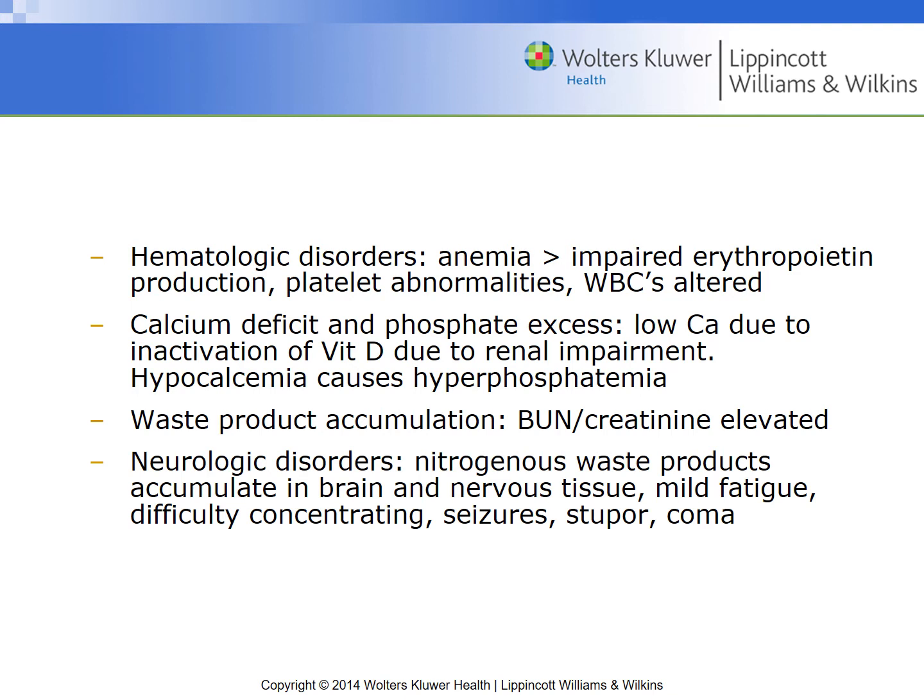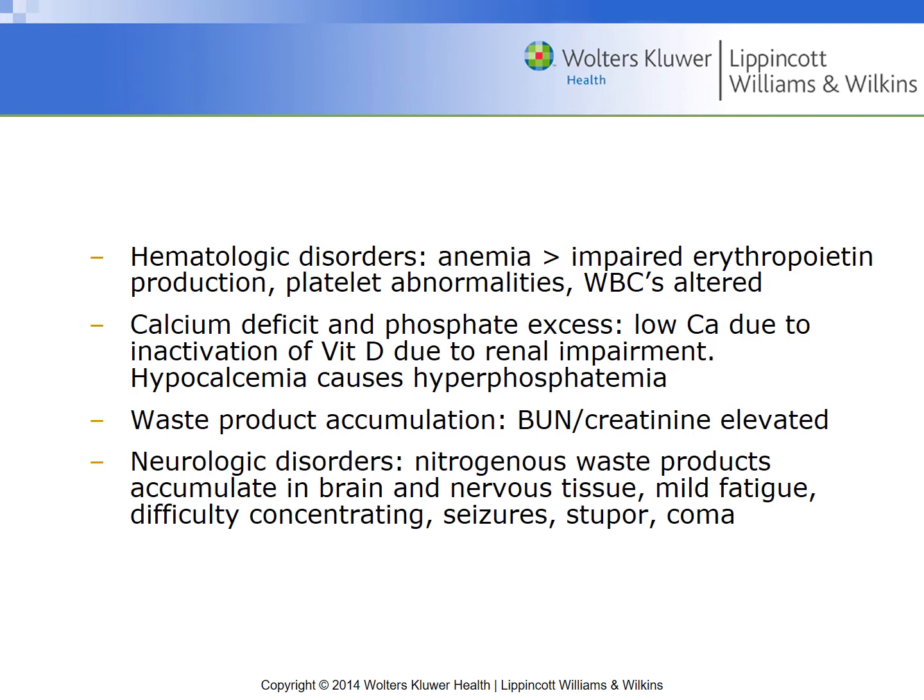Also, waste product accumulation. We're going to see BUN and creatinine elevated, and a decrease in the GFR, the glomerular filtration rate. Now, you may see on some patients that their output will be completely normal. When we see BUN and creatinine elevated and the GFR down, but output is completely normal, that is referred to as the non-oliguric form of renal failure.